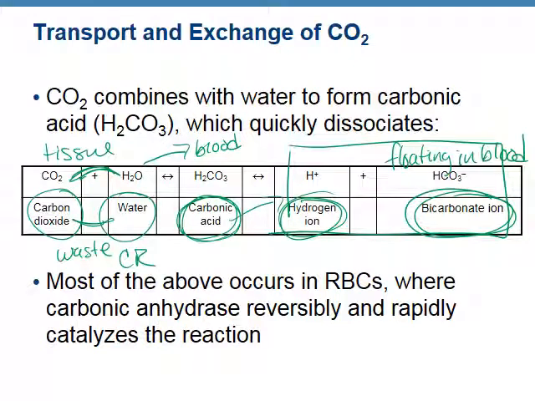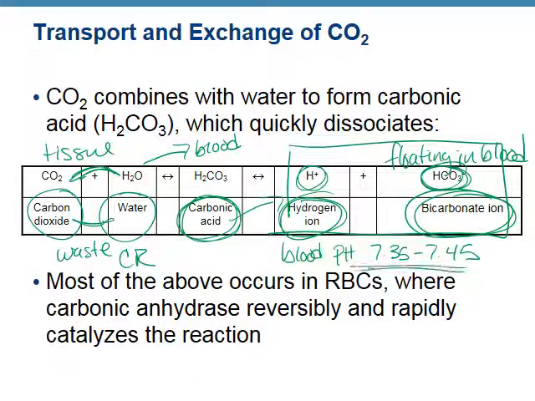What we're trying to do is keep the pH of our blood between 7.35 and 7.45. By having these ions free floating in our blood, we can keep our blood within this specific range.